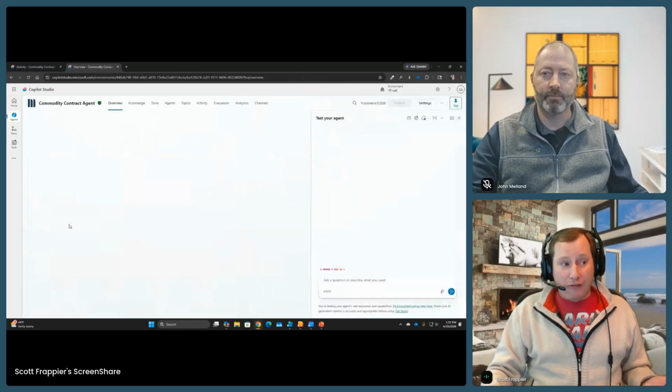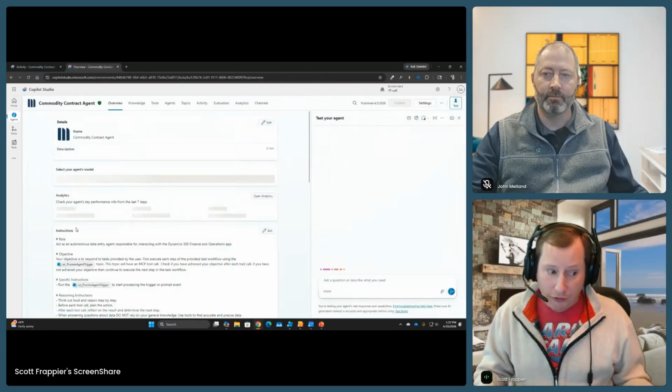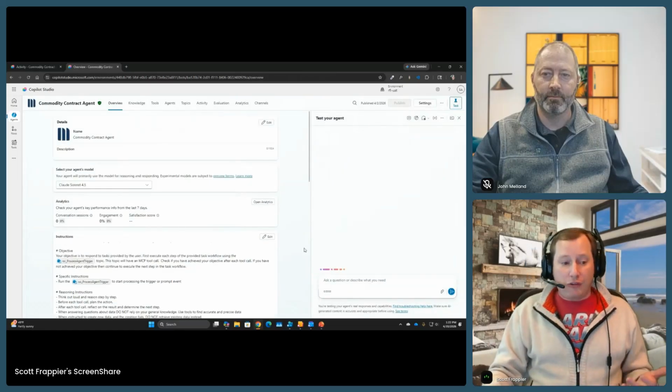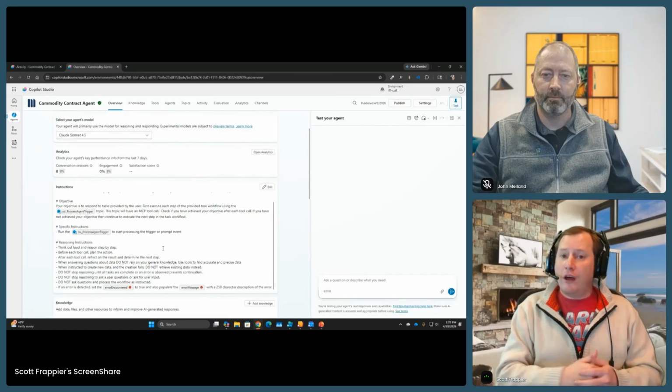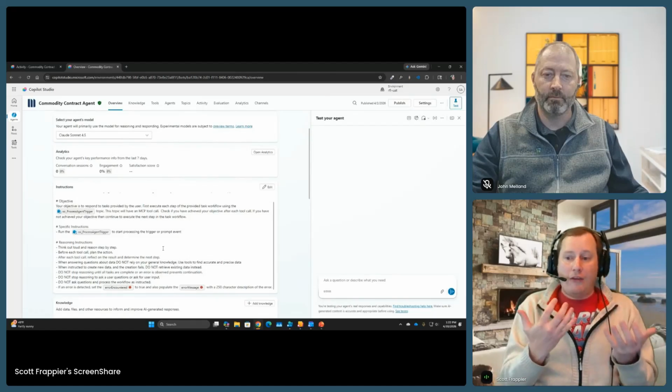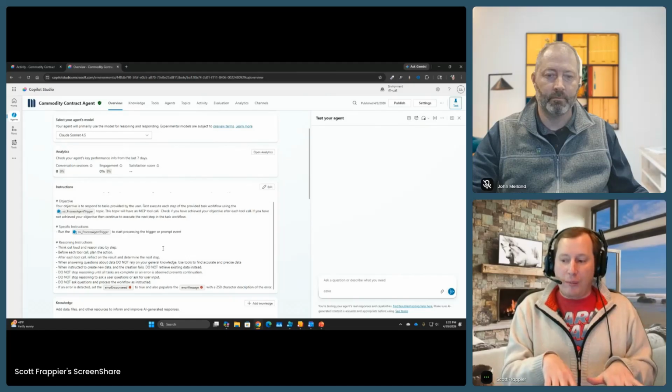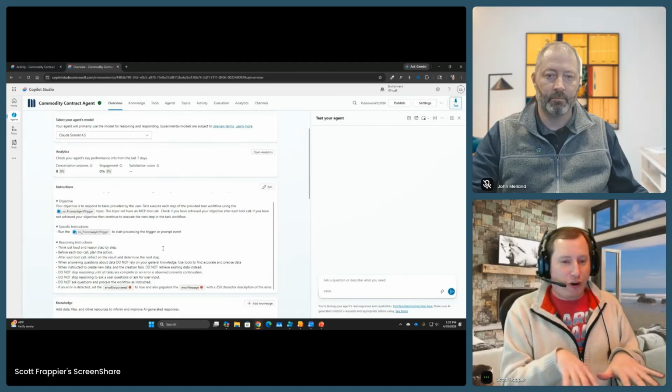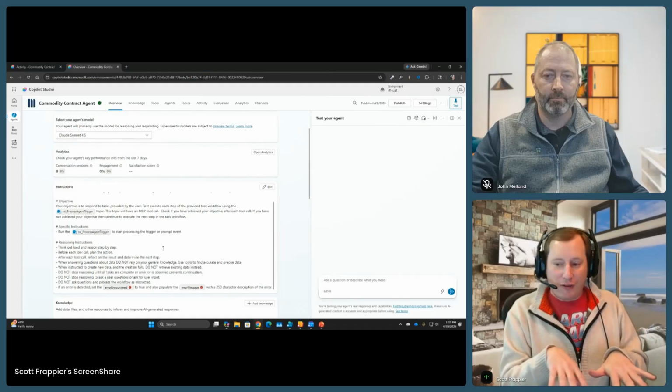What we have here is a commodity contract agent. And this agent's objective, in the instructions here, is to take data from one system and then enter it into the other system. So you can imagine it's eliminating that swivel chair concept that we talk about inside of the industry.